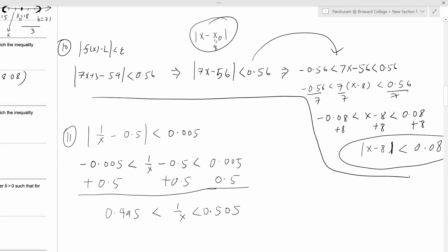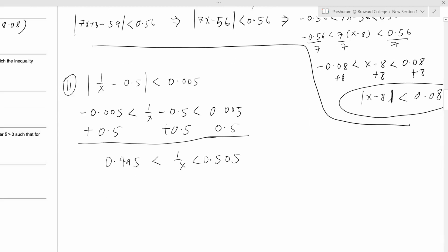We don't want to find 1 over x, we want to find x. So we can take the reciprocal of this, and whenever we take the reciprocal, the inequality sign will flip. The reciprocal of 0.495 is 2.0202, and the reciprocal of 0.505 is 1.98. So let me rewrite it.